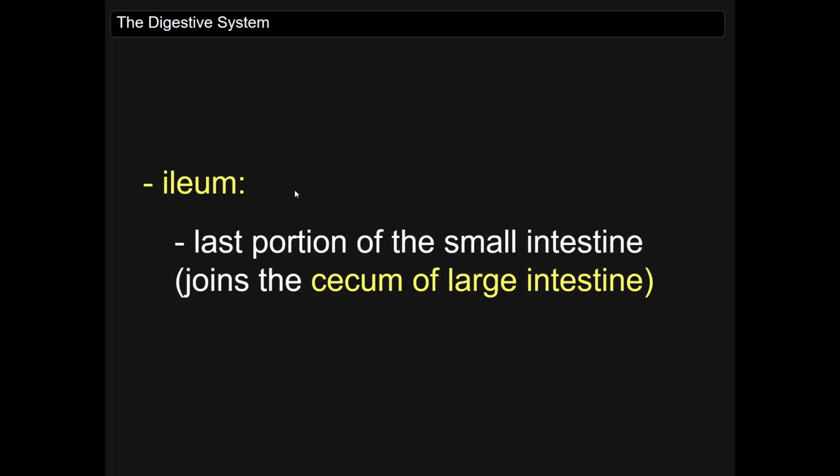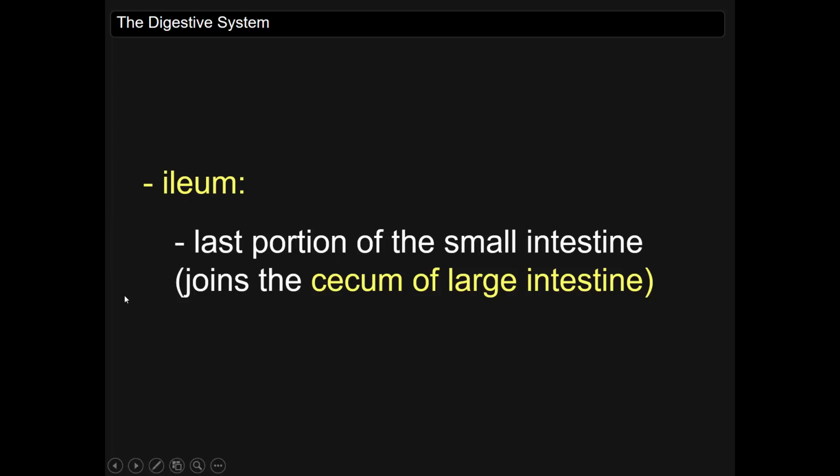And the way I remember that tiny little difference between these two words is ileum with an E is the one that when you eat, food's going to pass through this ileum. All right, so ilium with an I is the bone. Ileum with an E is the one food passes through after you eat.